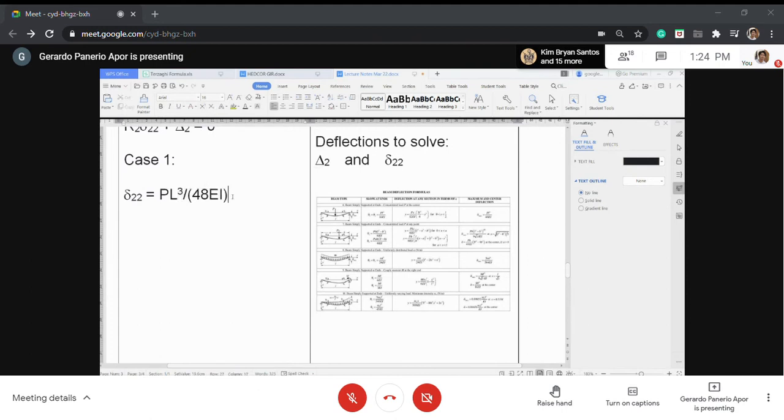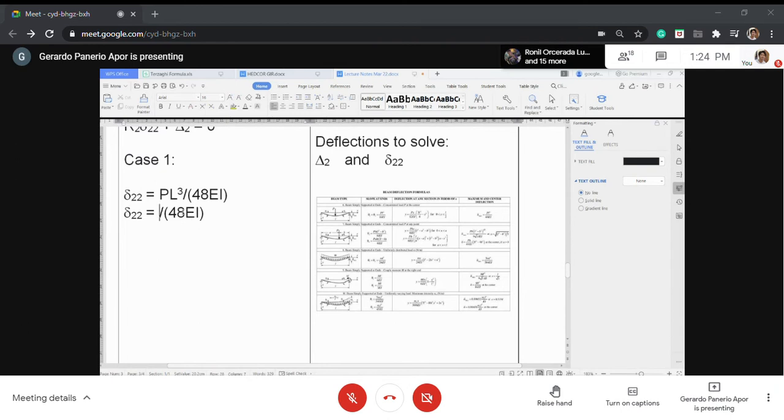Remember, ang unit load mo, wala unit ha. So, this one will become 8 cube. 8 cube is 8 times 8 times 8, equals 512, no?